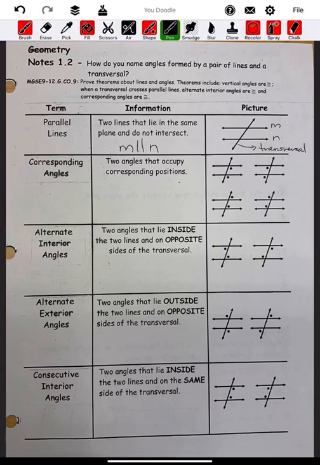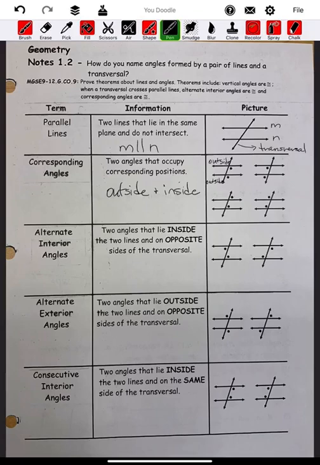Next, we move on to corresponding angles. Corresponding angles are two angles that occupy corresponding positions. So here in this box, you're going to write outside and inside. I'm actually going to have you fill out this box too. You're going to put outside, because if you notice, this is on the outside of the two lines. This is also outside.